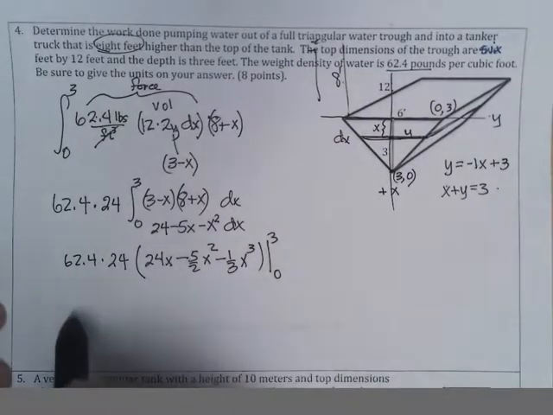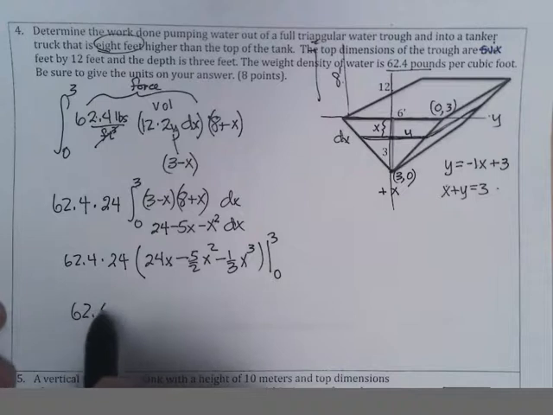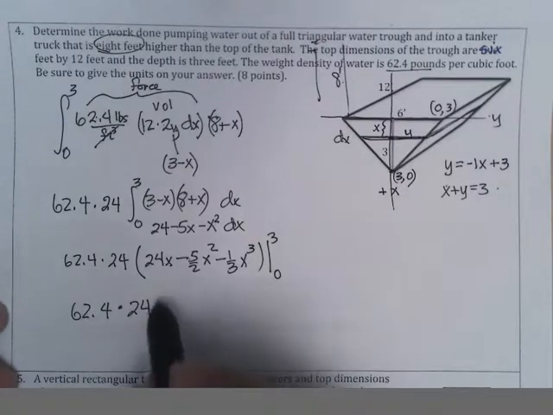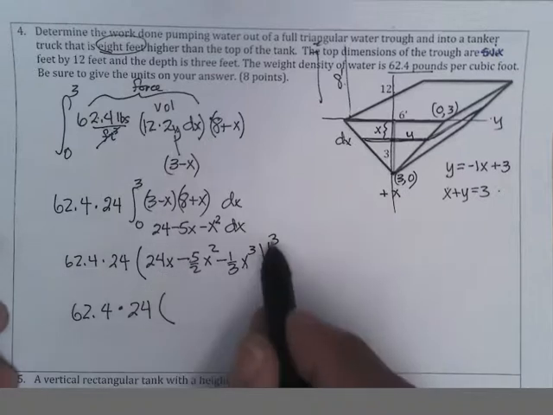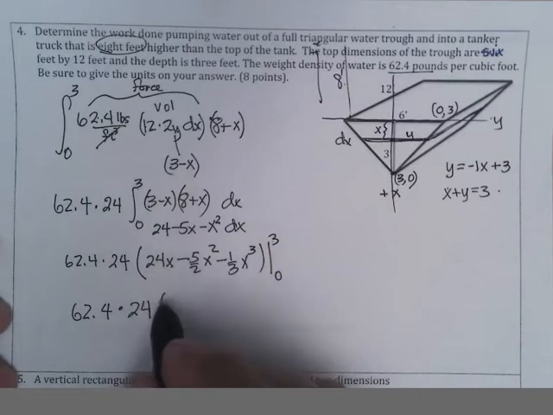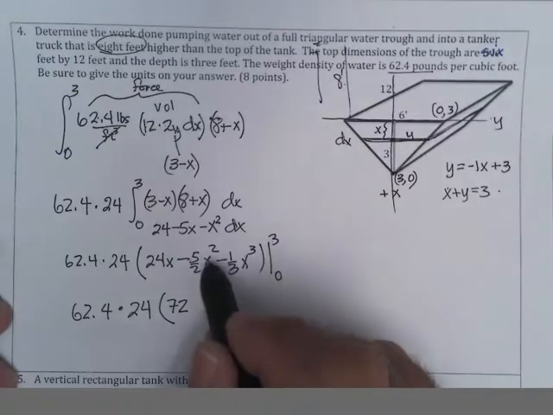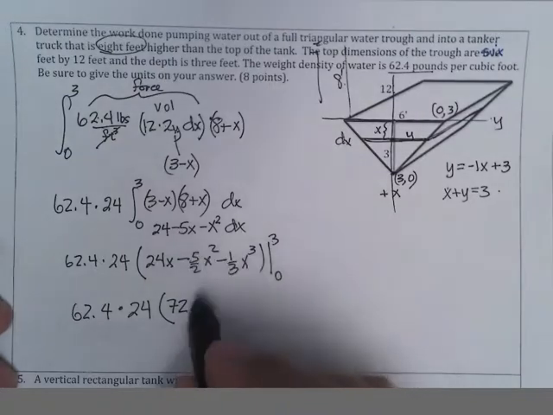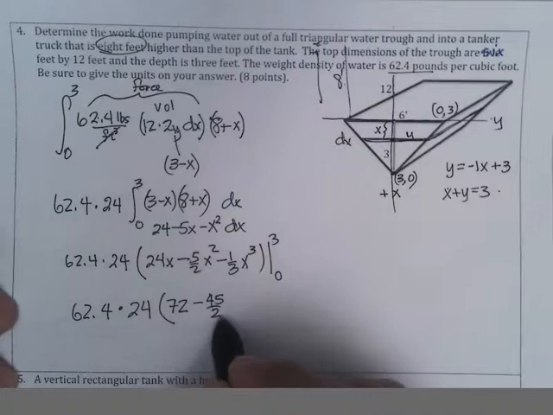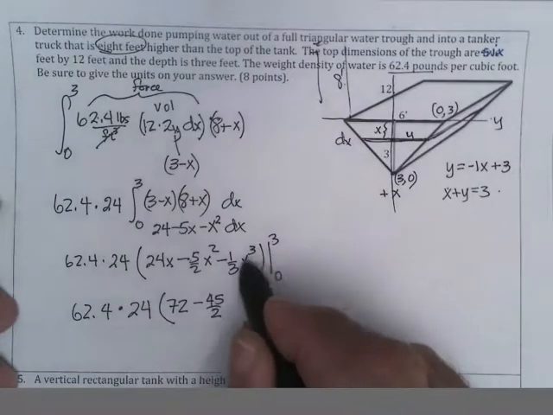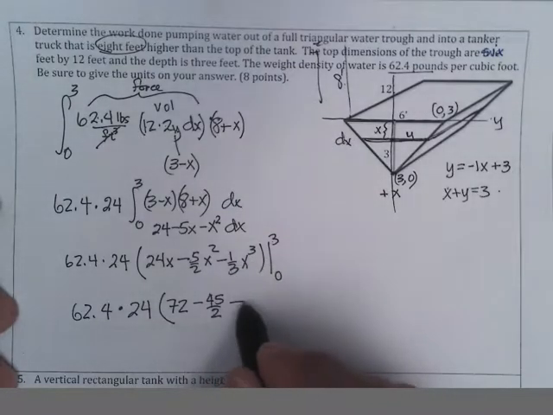So I'm going to get the answer 62.4 times 24, times 3 times 24 is 72. 9 times 5 is 45 halves. 27 divided by 3 is 9.